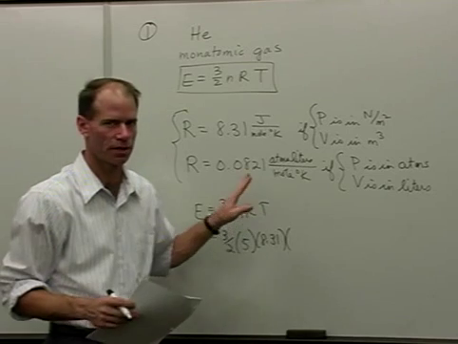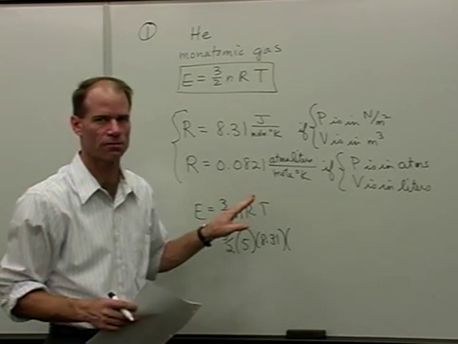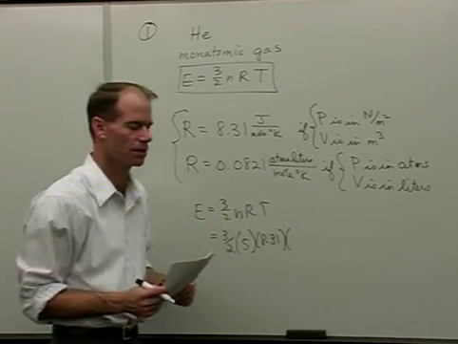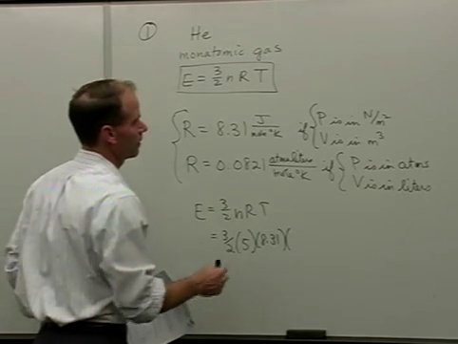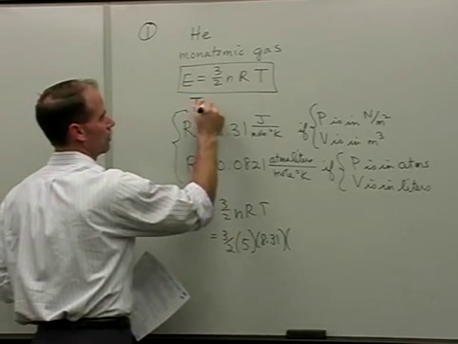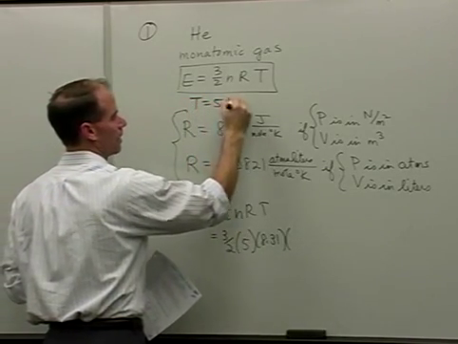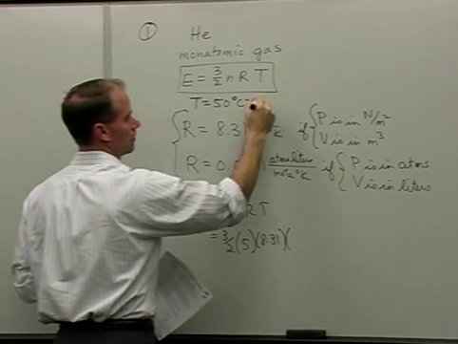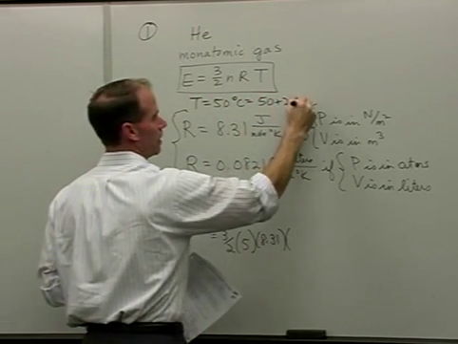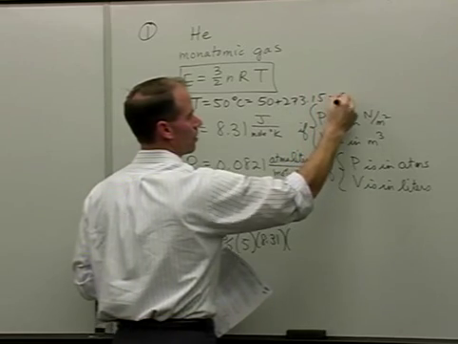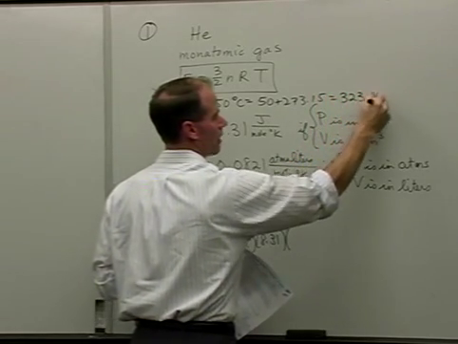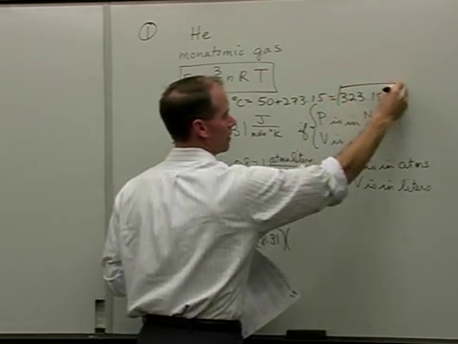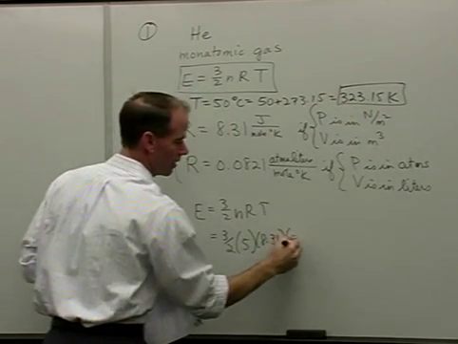Now for all these formulas, we better make sure that all of our temperatures are in Kelvin. So we need to convert that: 50 degrees centigrade is equal to 50 plus 273.15, or 323.15 Kelvin. Now we're going to use that down here.